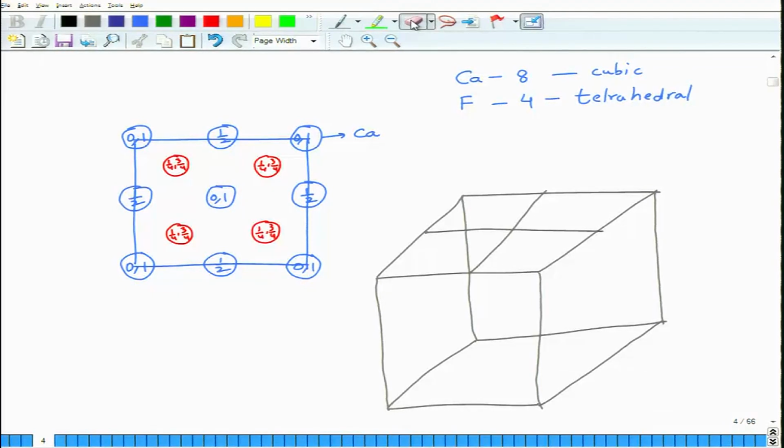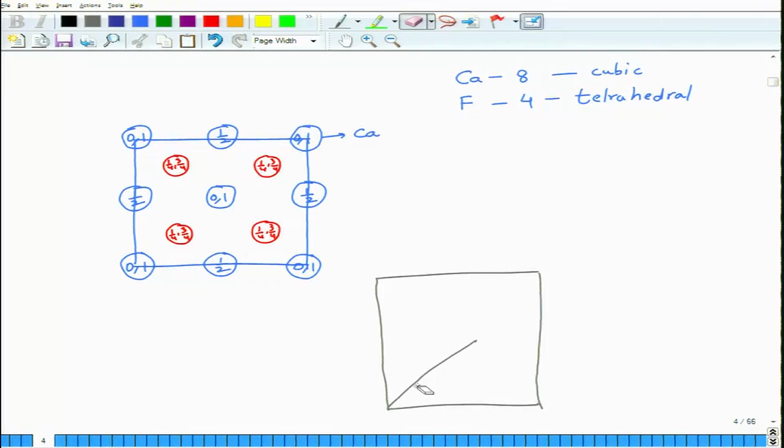I need to divide this unit cell into 8 unit cells. The drawing should be done in such a manner that we do not get parallel lines.